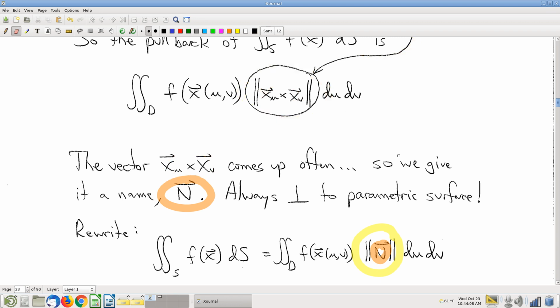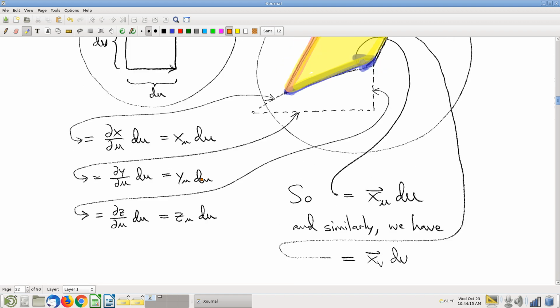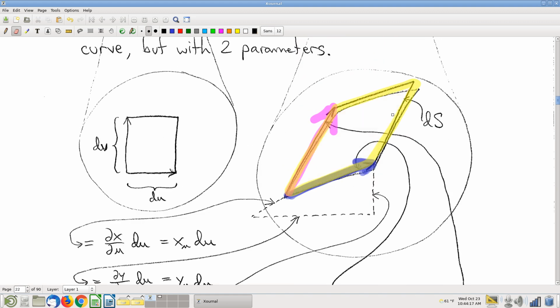So why do I care about this capital N vector? Why do I care about xu cross xv? Let's go back to our picture. Notice that this xu is parallel to the surface. Here's my original piece of surface. So xu is parallel to the surface.